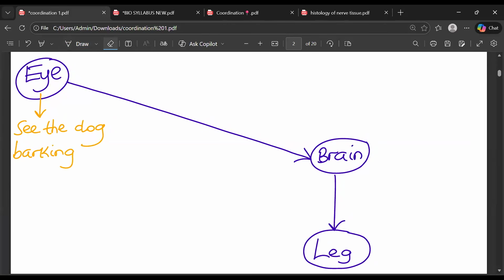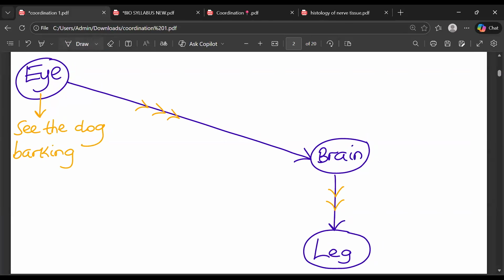Then we say that this eye will communicate to the brain. And then the brain will now be aware. And then this brain will also finally communicate to the leg. I want you to listen carefully.